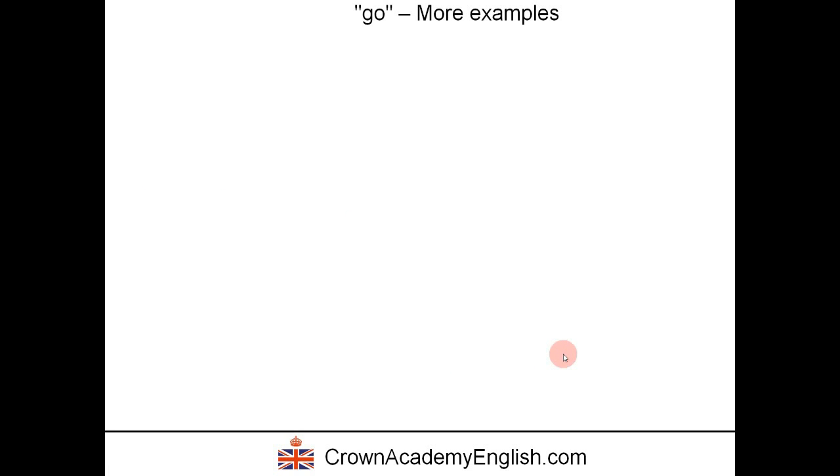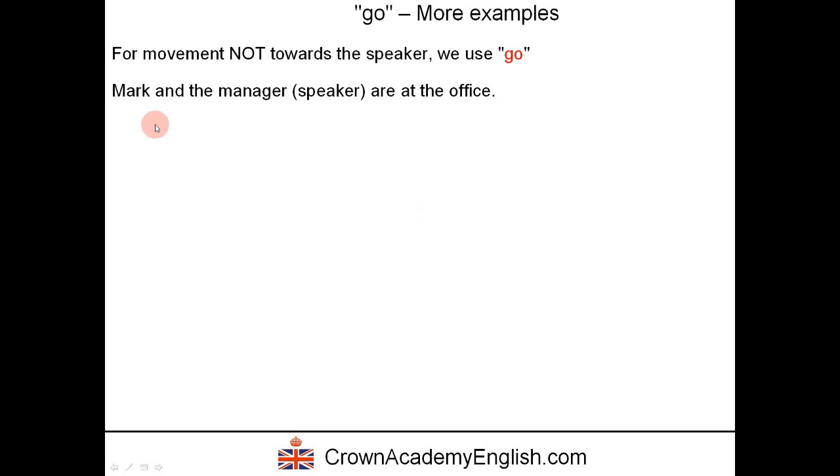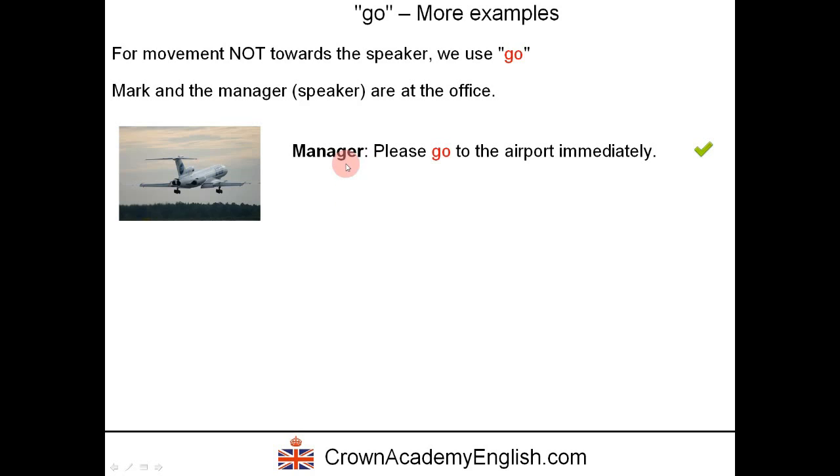Another example with go. So again, remember that we use it for movement not towards the speaker. So, Mark and the manager are at the office. The manager is the speaker. The manager says to Mark, please go to the airport immediately.